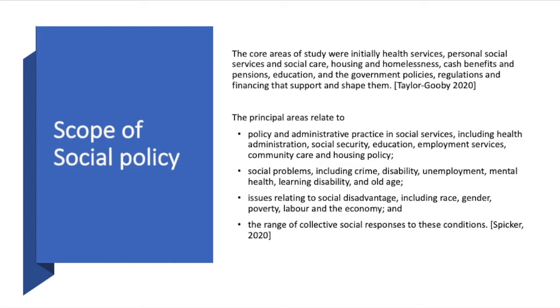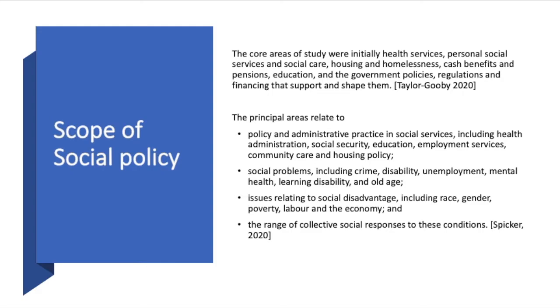If I look now at Paul Spicker from Aberdeen, he looked at the principal areas of social policy, and he talked again about social services, including health administration, social security, all those things that we've already mentioned.